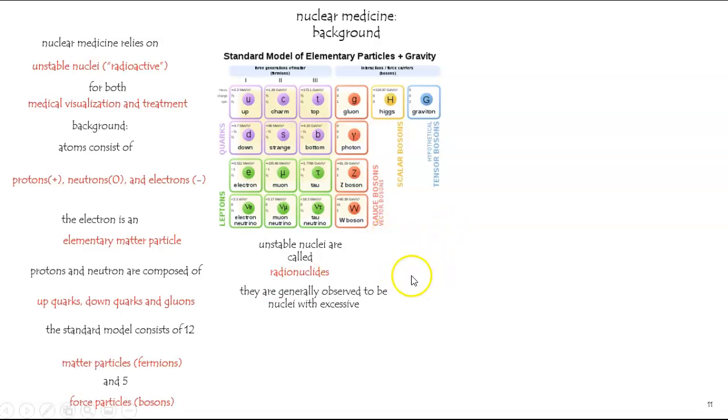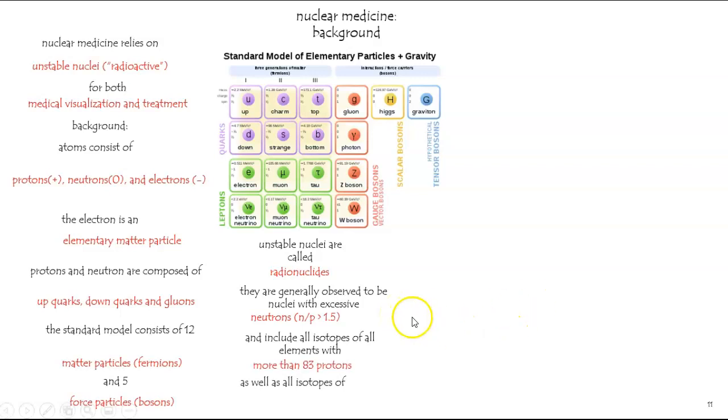So, if you're going to work with unstable nuclei, and nuclear medicine does, these are radionuclides. They have a few common properties. In general, they have too many neutrons, meaning that if you compare the number of neutrons to protons, it is greater than 1.5. This is used as a predictive tool that you have an unstable nucleus.